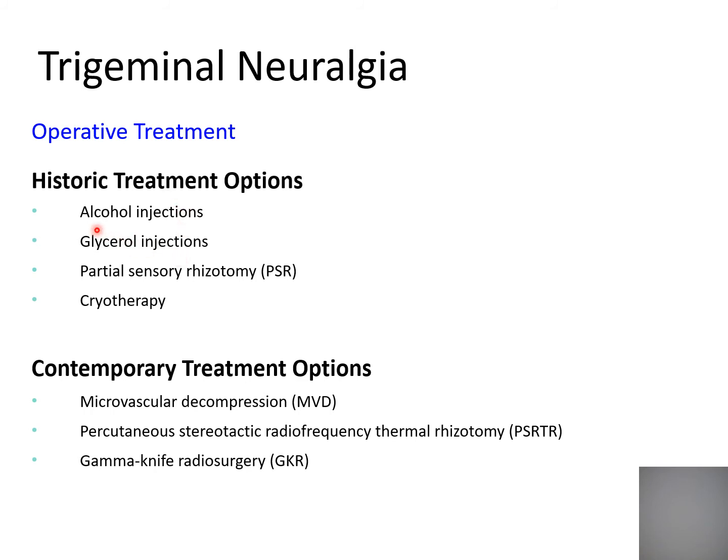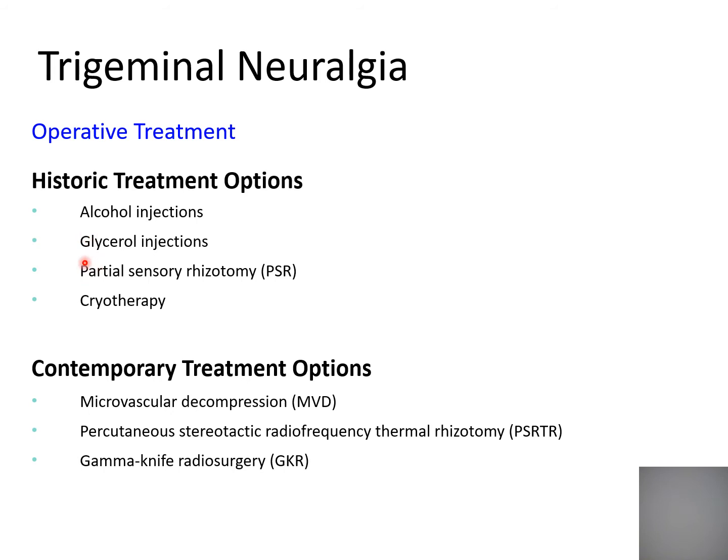These included alcohol injections, because alcohol is a neurolytic agent, and central and peripheral injections of alcohol, that is injection either in the main rootlets of the trigeminal nerve or the trigeminal ganglion, or peripherally on the face and the oral cavity, were used for treatment of trigeminal neuralgia. However, the recurrence rate was quite high. Within 3 to 6 months, most patients would have a recurrence.